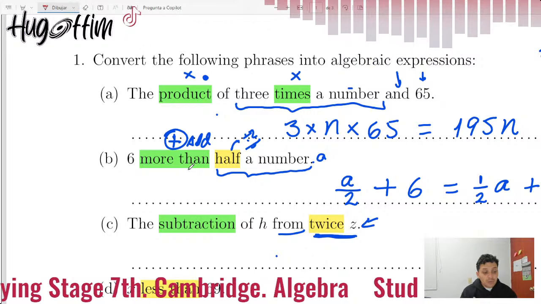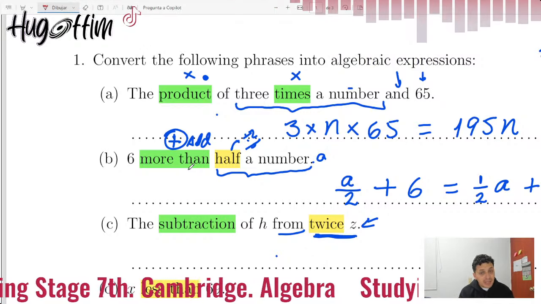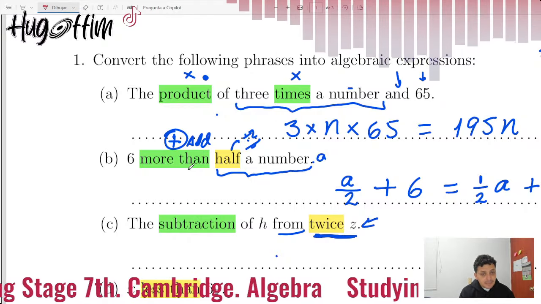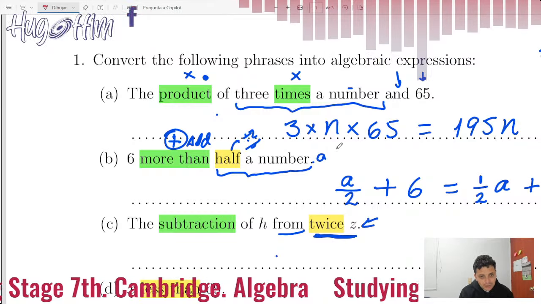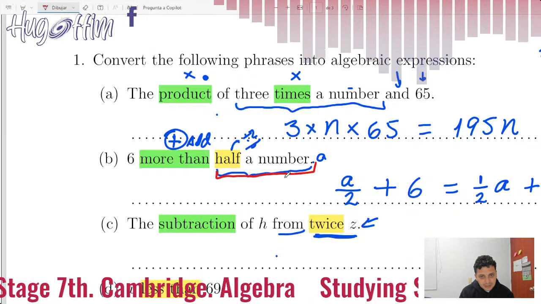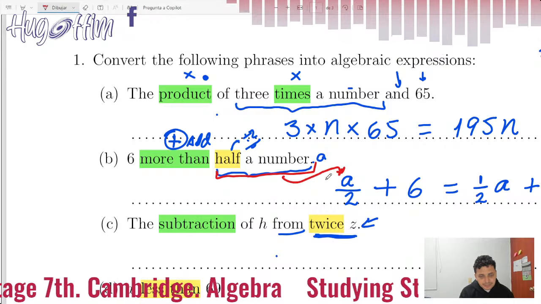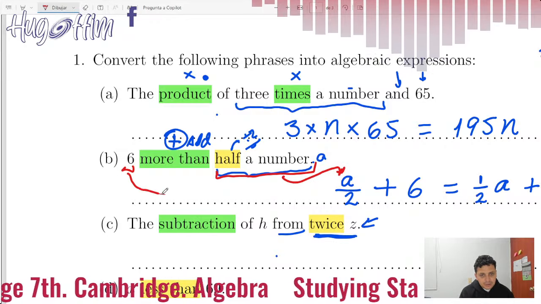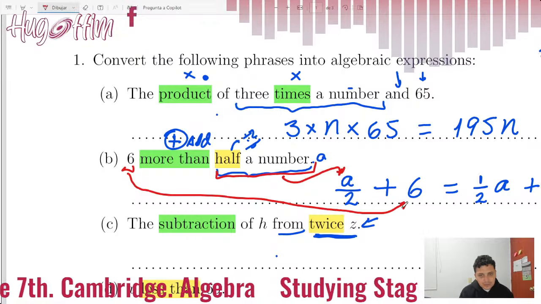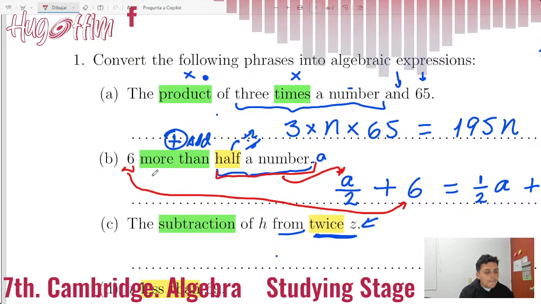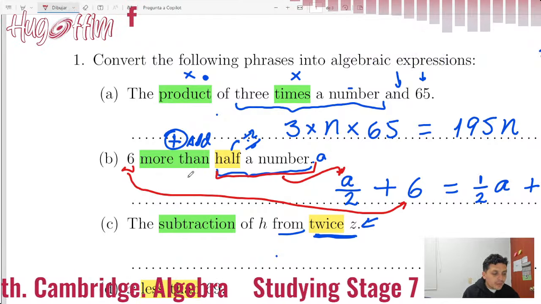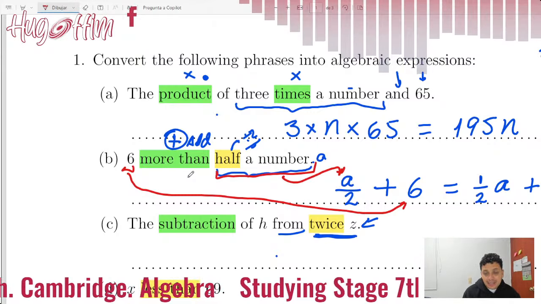When it says more than, the term that is at the end is the one that goes first, and then you put the 6. Just remember, this is because it says more than, or less than. Less than is the same thing.